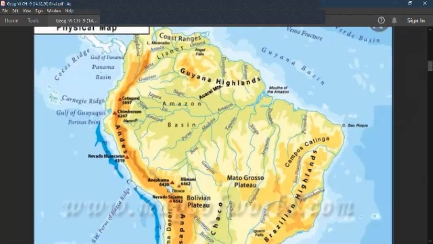Now we will discuss the rivers and lakes of South America, as we had done with the 4 physical features of South America already. So the first river is the Orinoco River.